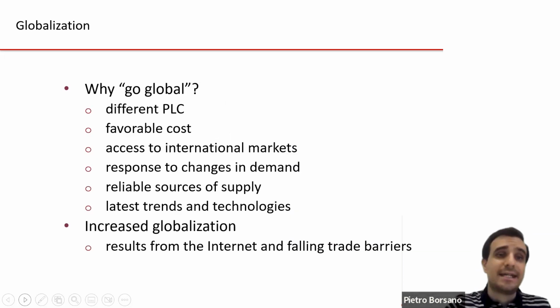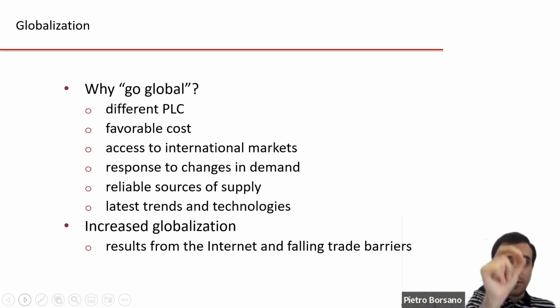In the globalization trends, which leads us back to the PLC, the product life cycle.